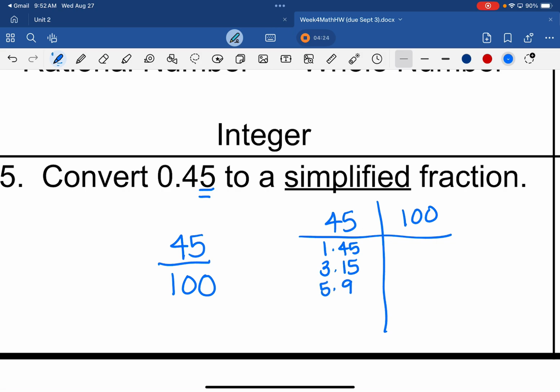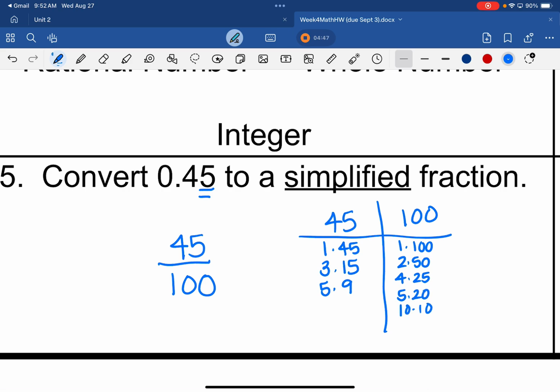And then if I was to keep going, I would end up getting 9 times 5, and so when my facts flip, I know that I'm done. So I believe that those are all of the ones for 45. For 100, I have 1 and 100, 2 and 50, 4 and 25, 5 and 20, and 10 and 10.